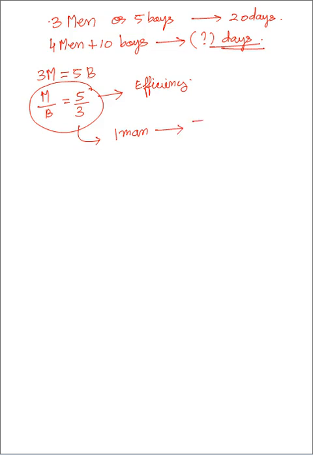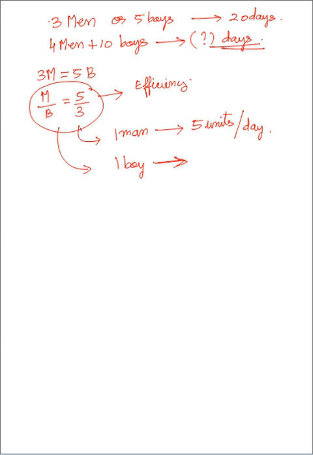See, the time is same. For example, 5 units per day. In one day 5 units will be completed by one man. At the same time, this ratio means one boy will not do the same work, it will be a less amount of work, that is 3 units.